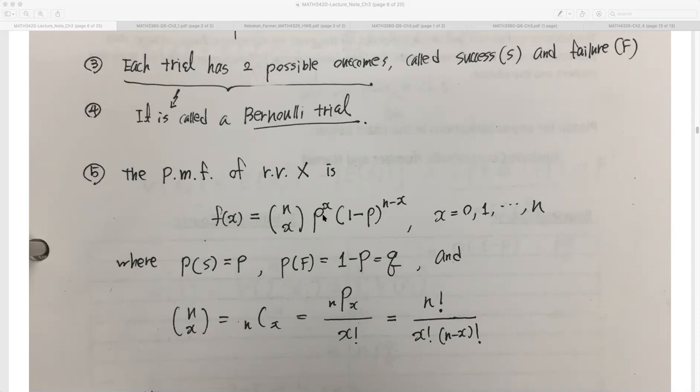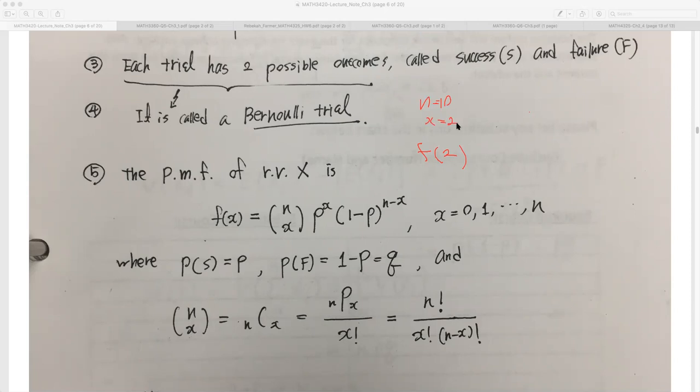And then what's p? p is the probability that you get a head in each trial. What's the probability of getting a head in one single trial? 1/2, right? So 1/2 to the second power. Let me write it right here. So f of 2: flipping a coin 10 times means n equals 10. I want to figure out the probability that we get heads 2 times, which means x is 2.